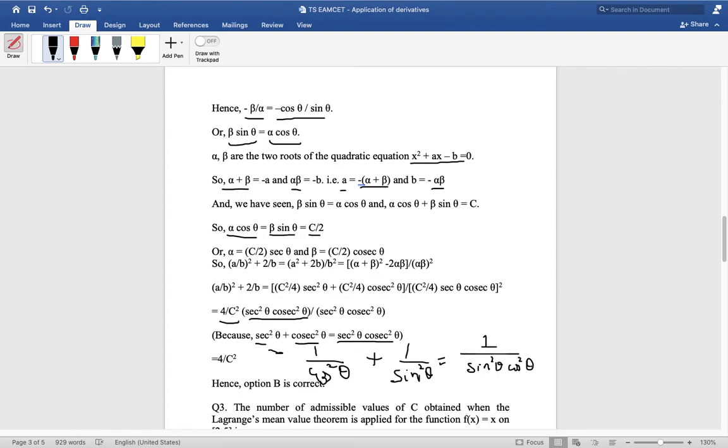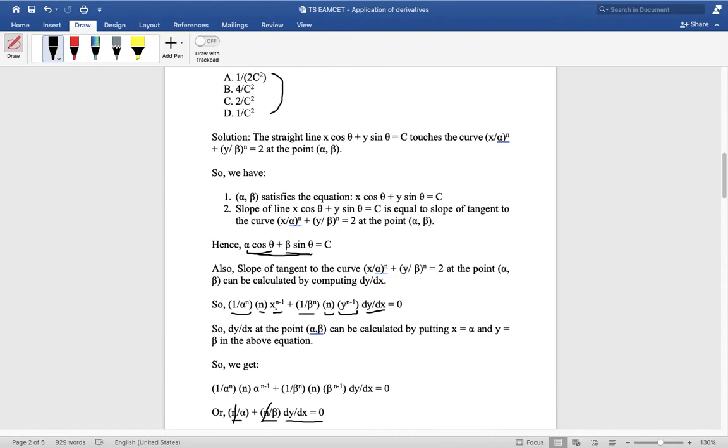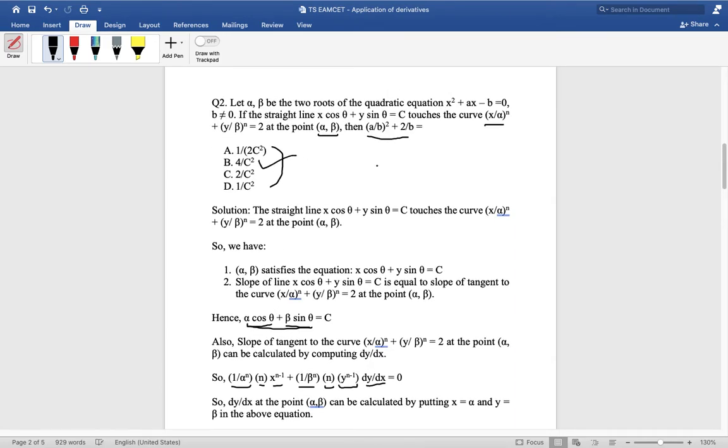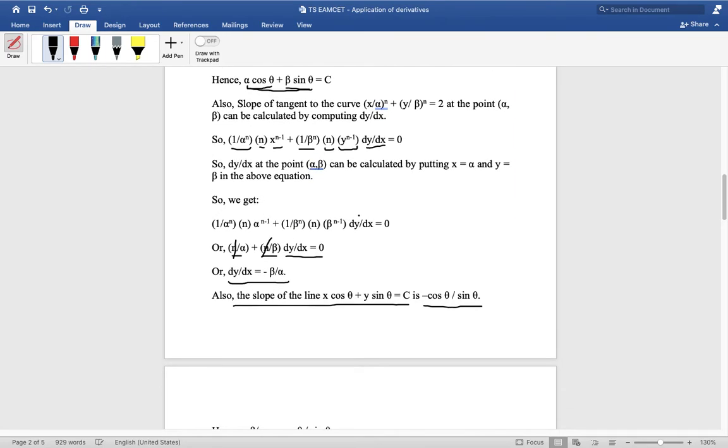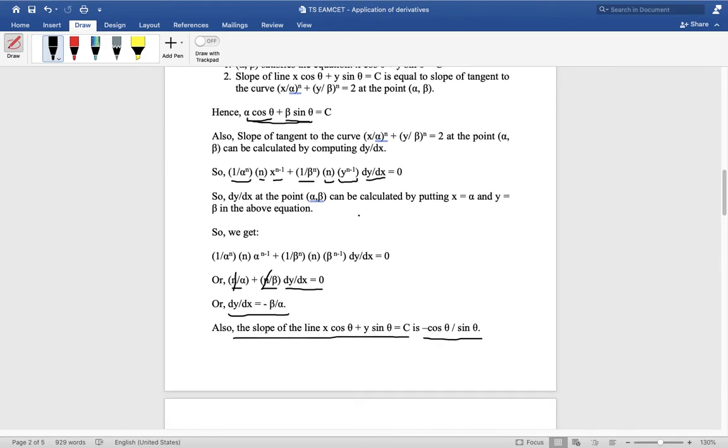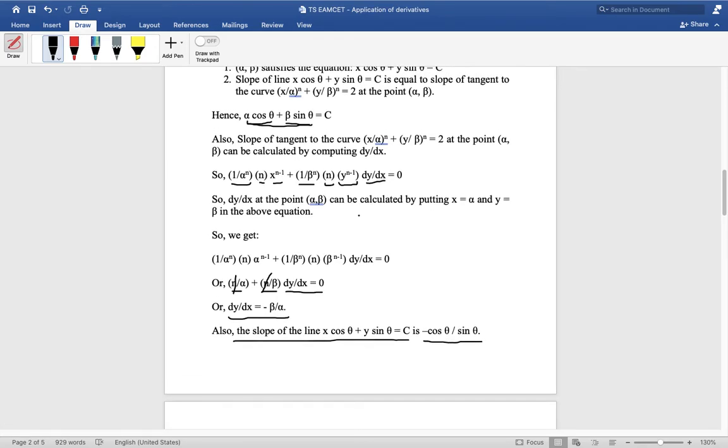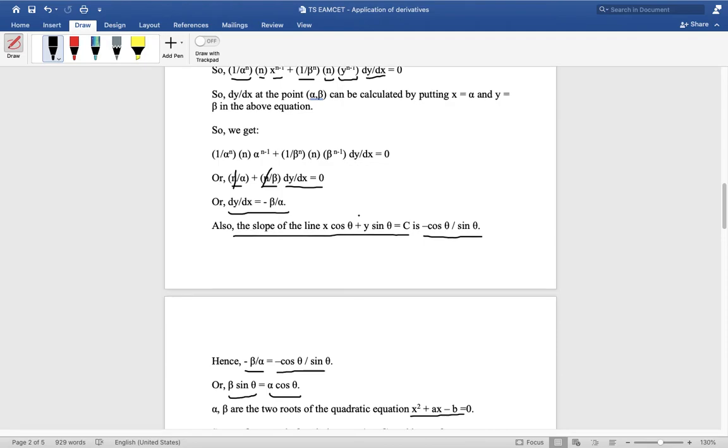Again, 1 by sine square is cosecant square theta, 1 by cos square is secant square theta. So hence proved. So this will get cancelled with this. You are only left with 4 by c square. 4 by c square is which option? Option B.